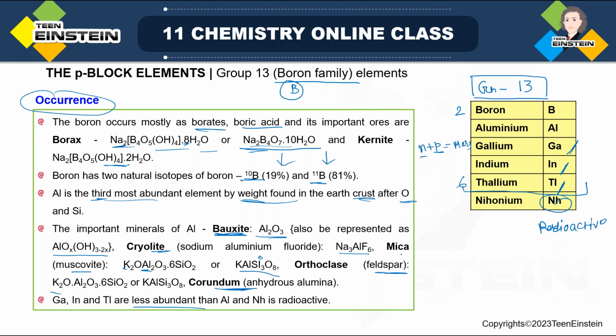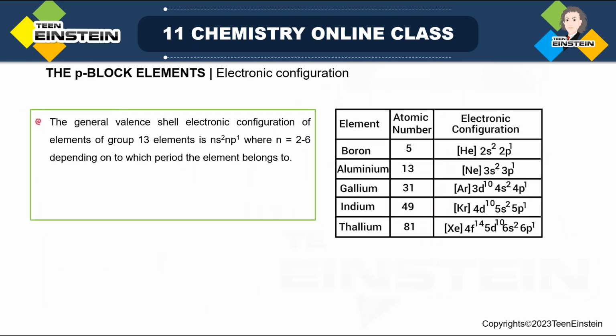You will see the discussion will be up to this position. It will not have the last element because it is radioactive. There is not much data regarding its chemical behavior. They are so unstable. That is the reason. So these are the occurrence for group 13 elements.